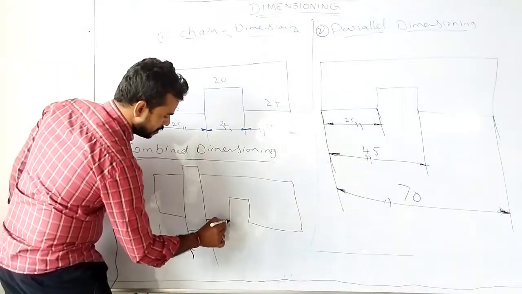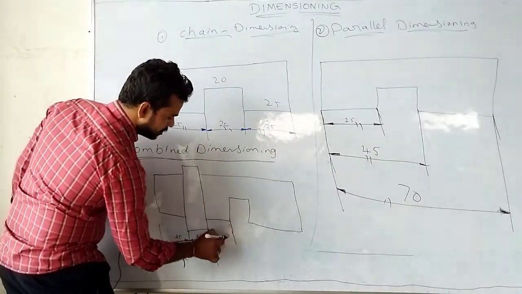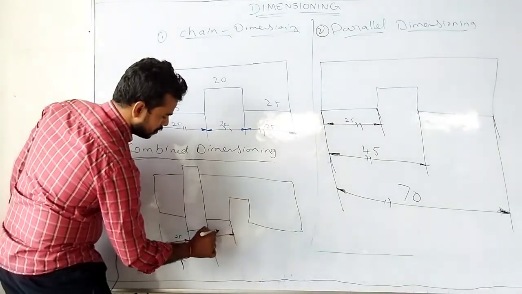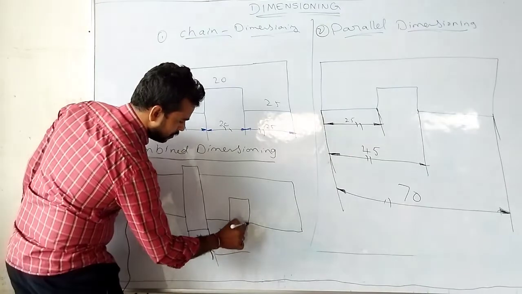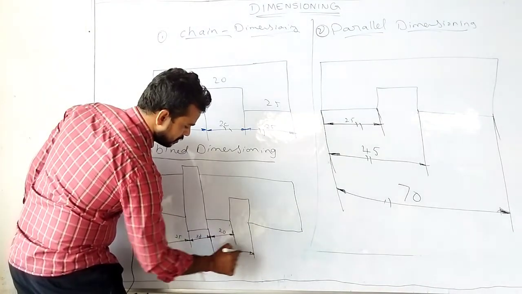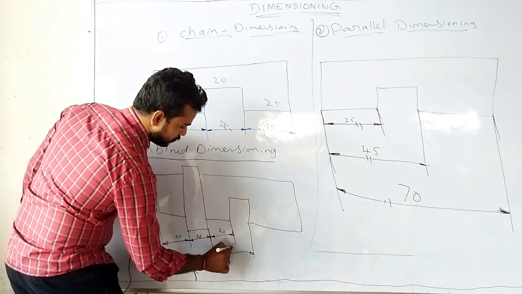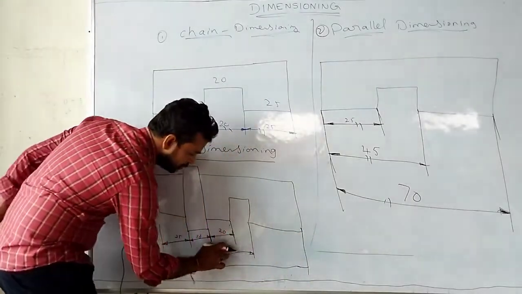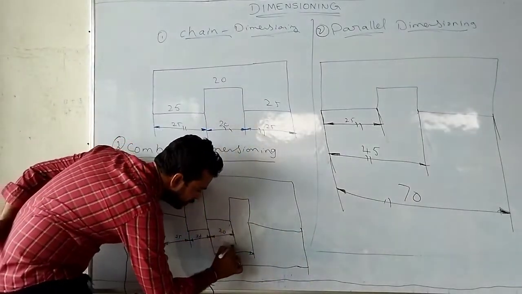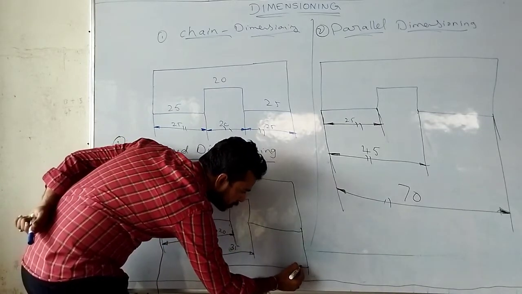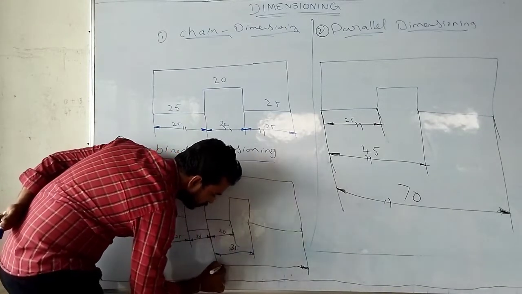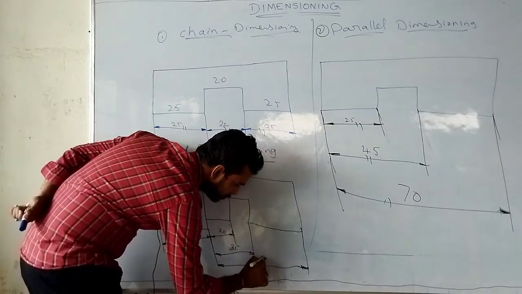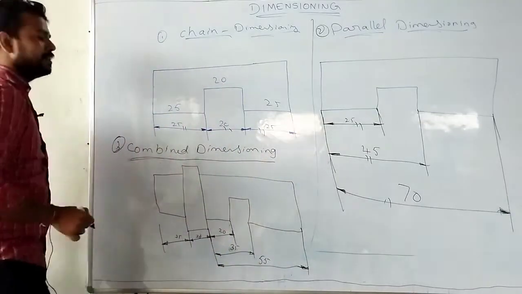And here it is parallel dimensioning. And this is 15. Here it is, it's not 15, so 15 plus 20 will be 35. This will be 20 plus 35. This is the combined dimensioning.